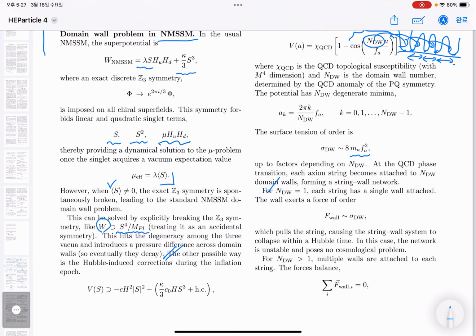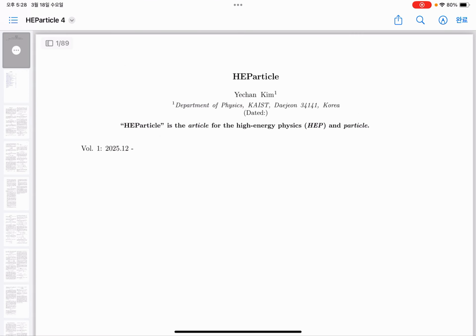In this case, the network is unstable, so there is no cosmological domain wall issue. But when the domain wall number is greater than 1, there are multiple walls attached to each cosmic string. The forces are balanced between such multiple walls, so the domain wall network is stable and causes a cosmological issue.